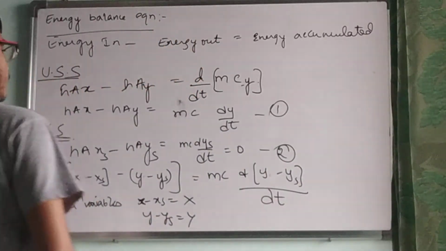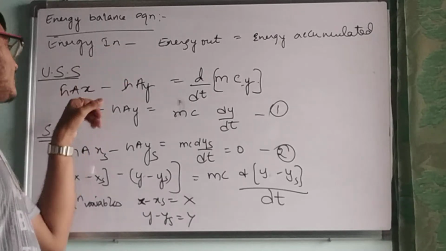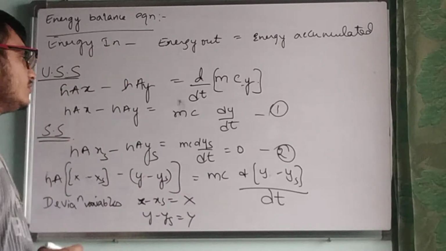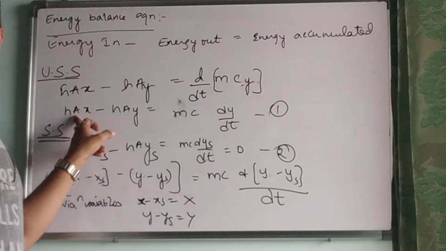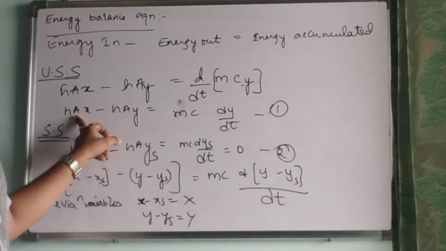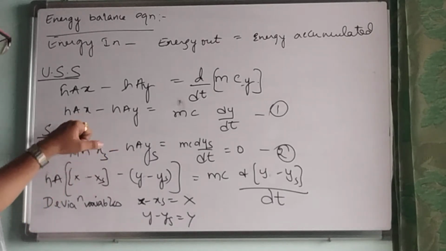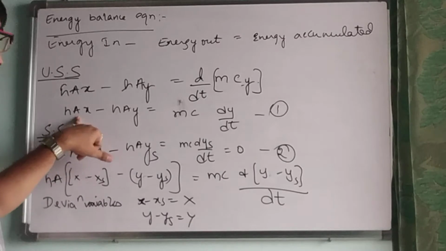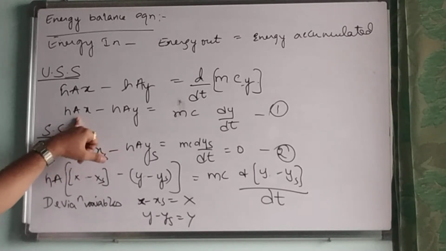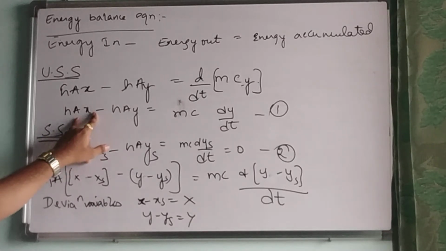So inlet, whatever is your reading, HA, where H is the heat transfer coefficient in watt per meter square Kelvin, A is your area in meter square, and this is your input temperature.